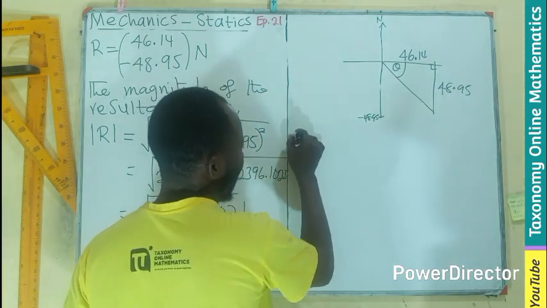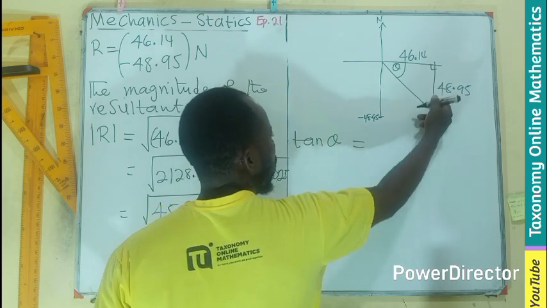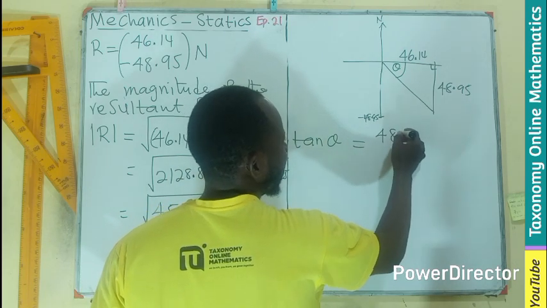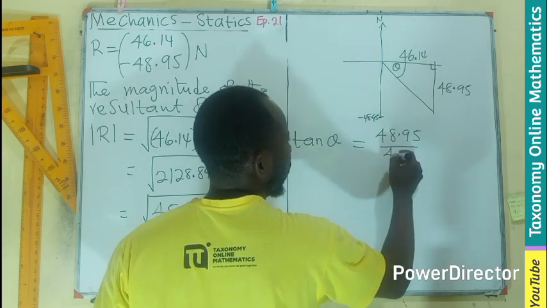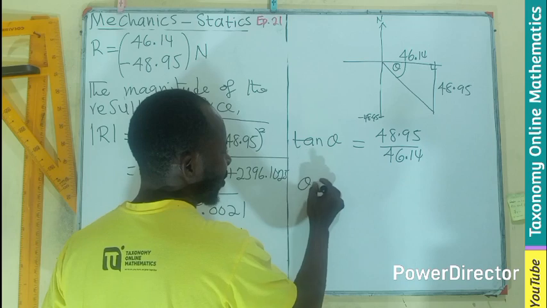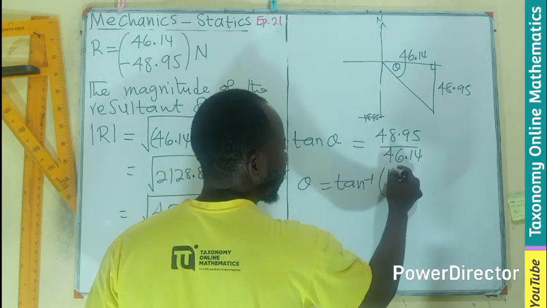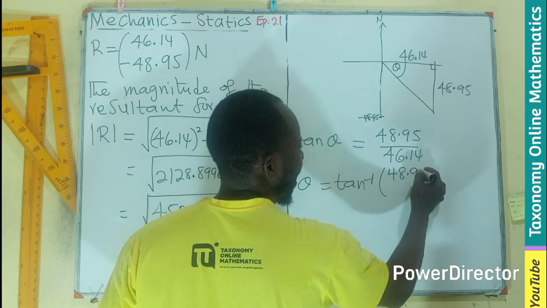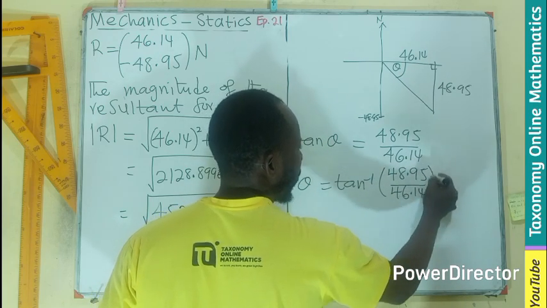In looking for that, we have tan of that angle equals the opposite side, 48.95, divided by the adjacent, 46.14. I need theta, so I have the tan inverse of this fraction, 48.95 over 46.14.